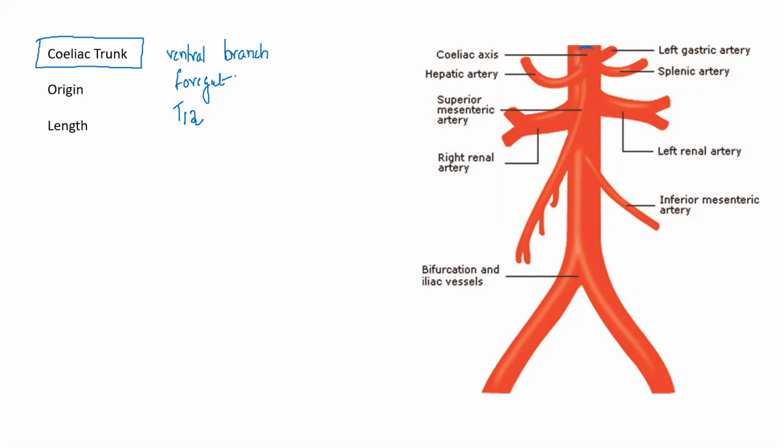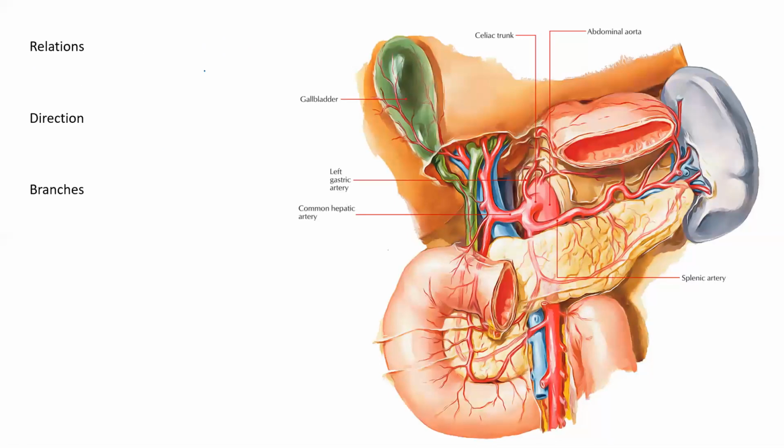Immediately below the diaphragmatic opening. So this is the celiac trunk. This celiac trunk is the shortest branch. Okay, it measures around 1.25 centimeter, and soon after that it trifurcates into three branches.